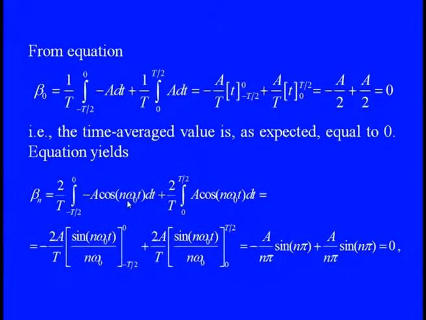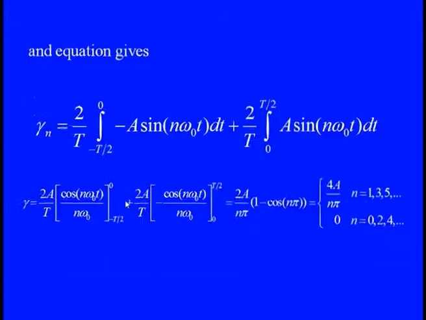When we solve this, we have minus a divided by n pi into sin n pi, plus a by n pi sin of n pi. So again beta n is also 0.